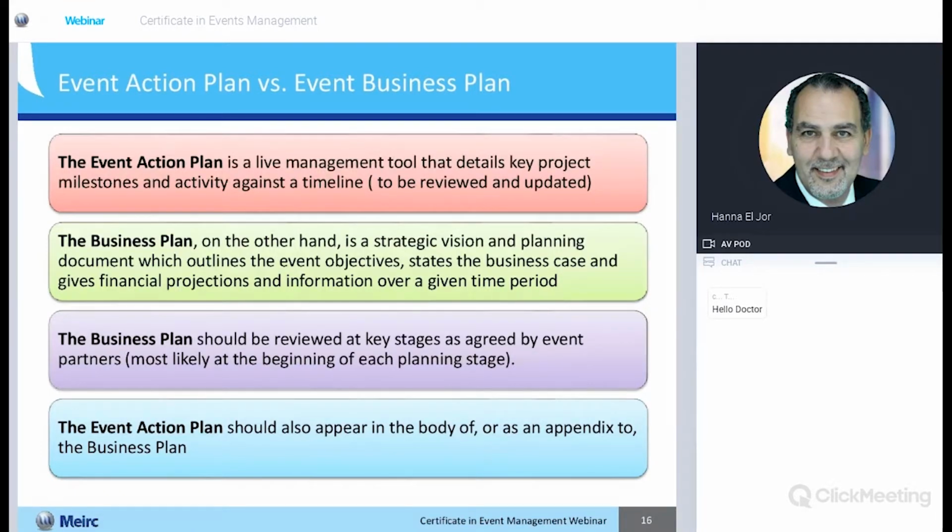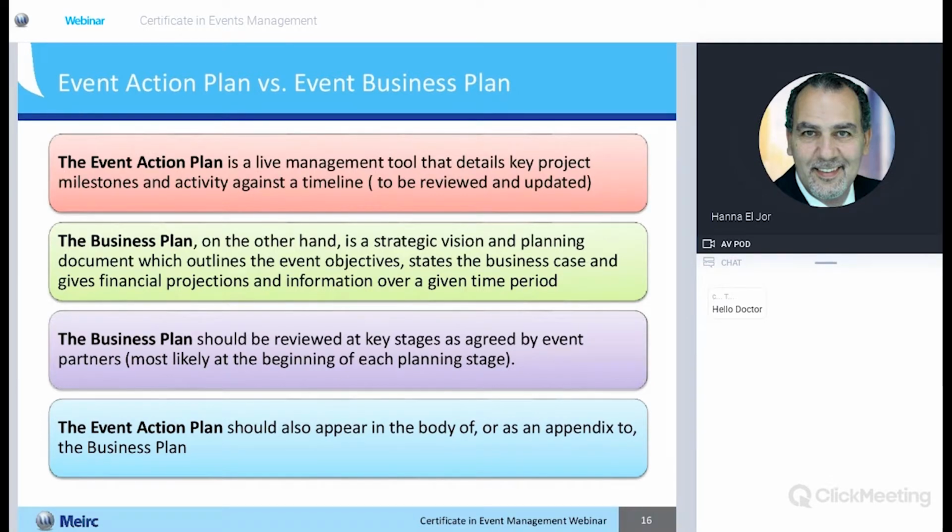When we talk about the business plan, on the other hand, it is longer term. It is not dynamic, I mean, it shouldn't be dynamic. It is more strategic, with a long-term vision, which outlines the event objectives and states the business case, any financial projections, over a long given time period.